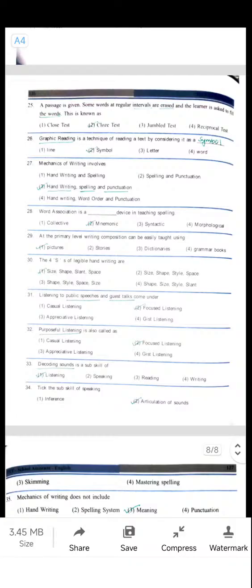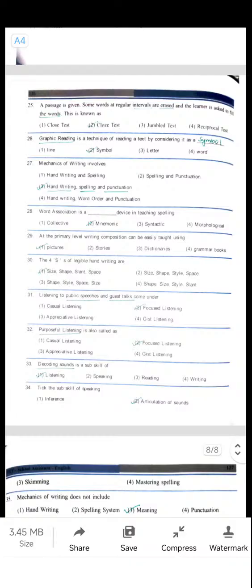Next, purposeful listening is also called focused listening, because we need some work, that's why we listen in a focused way. Question 33: decoding sound is a subskill of listening.